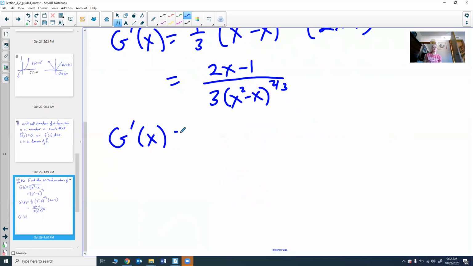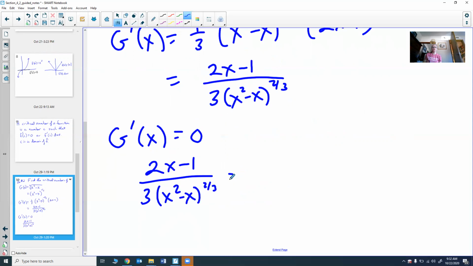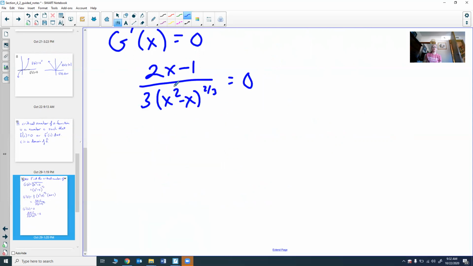Well, the derivative is 0 when 2x minus 1 over 3 times x squared minus x to the 2/3 equals 0. Using a little bit of algebra, I can just multiply both sides by the denominator to make the denominator go away. So that's actually just saying the numerator, 2x minus 1, equals 0. So that's just where x equals 1/2.